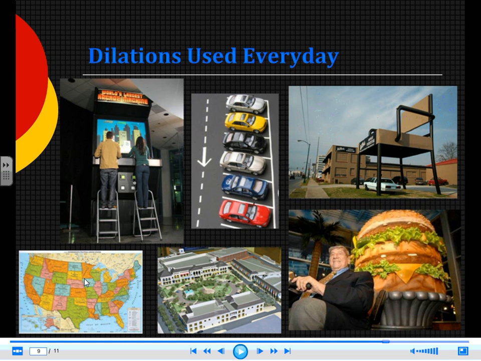And you use dilations in everything. Maps, we make them smaller so we can see them, because the United States technically does not fit on this piece of paper. We're actually in one of the states of the United States and can't fit it on here. Alright. Some of the pictures, do you see any type of dilation in any of these pictures that just pops out to you?